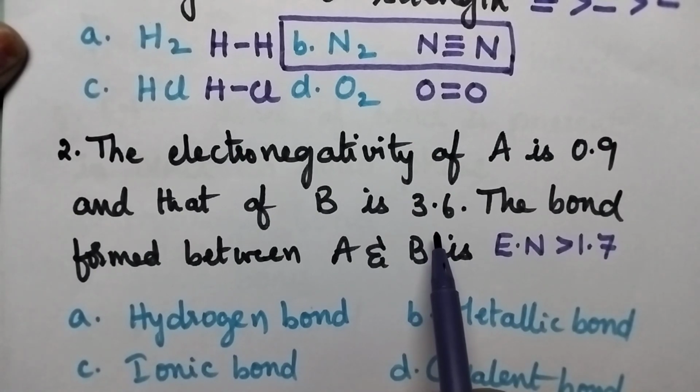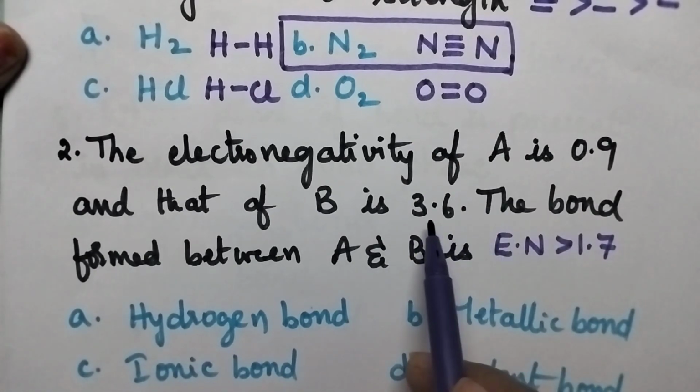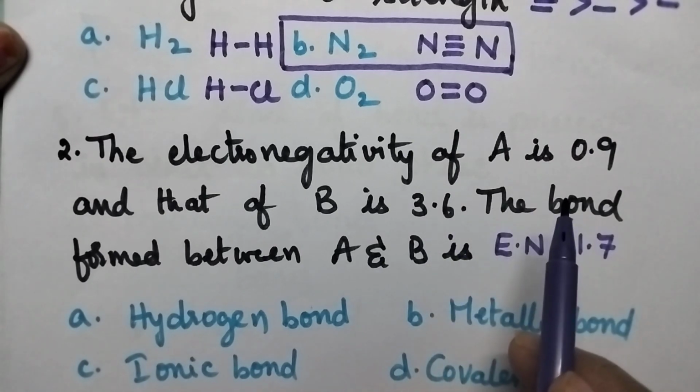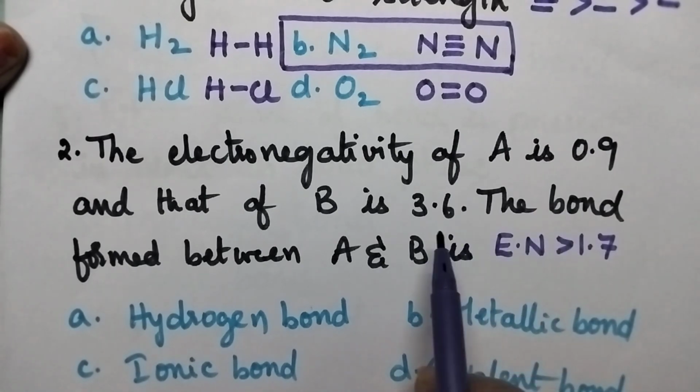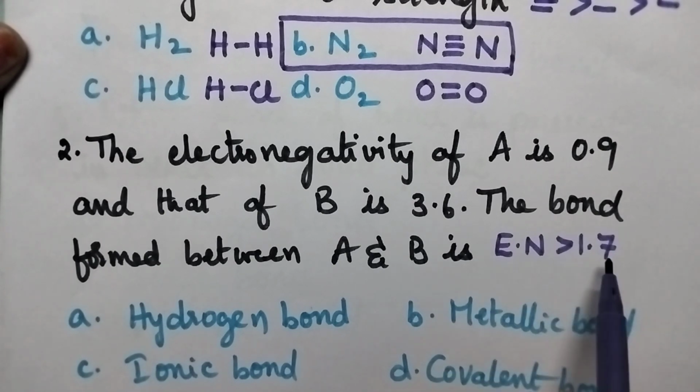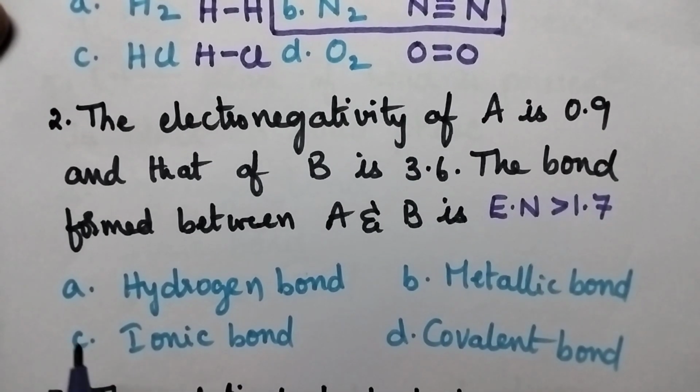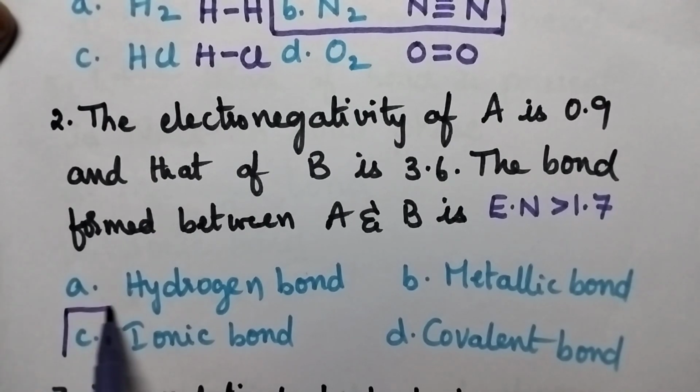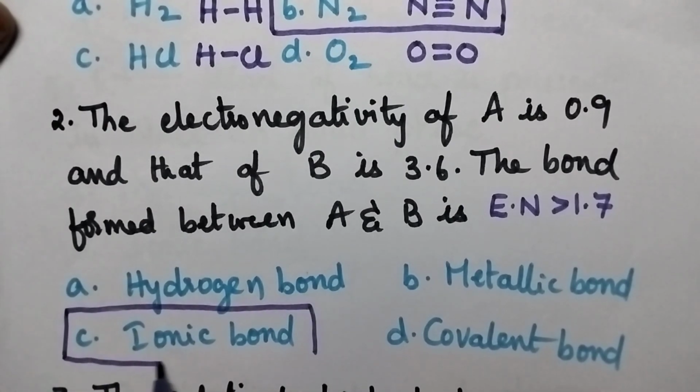So here, the electronegativity difference between B and A is 3.6 minus 0.9, which is 2.7, which is greater than 1.7, and hence it results in the formation of an ionic bond. So option C is the right answer.